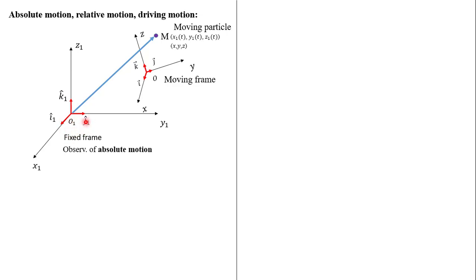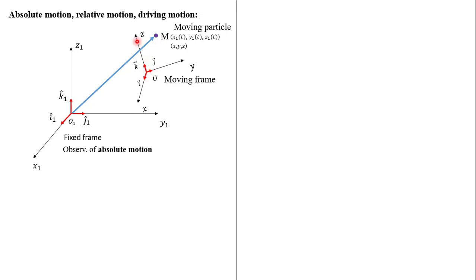But also, this point M can be observed by another observer in the moving frame. If we take the motion of the ball represented by point M, it can be seen also by the child. The child is moving while the truck is moving. So M can also be seen by an observer in the moving frame.